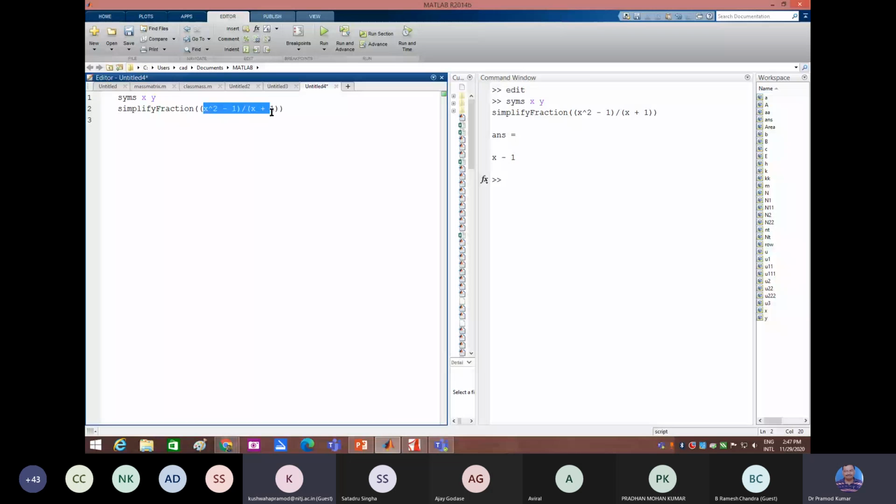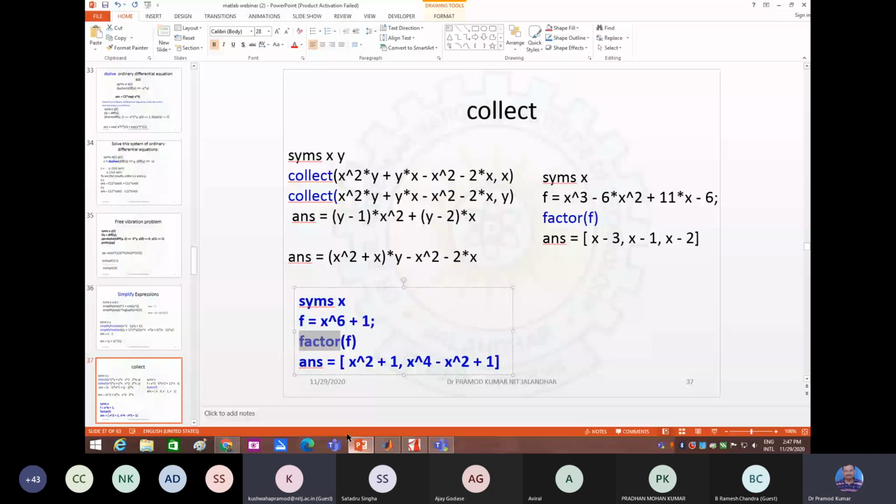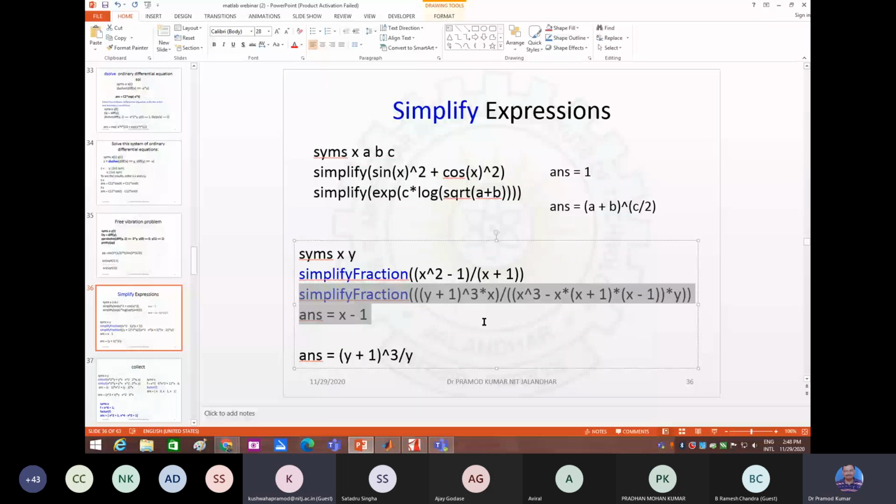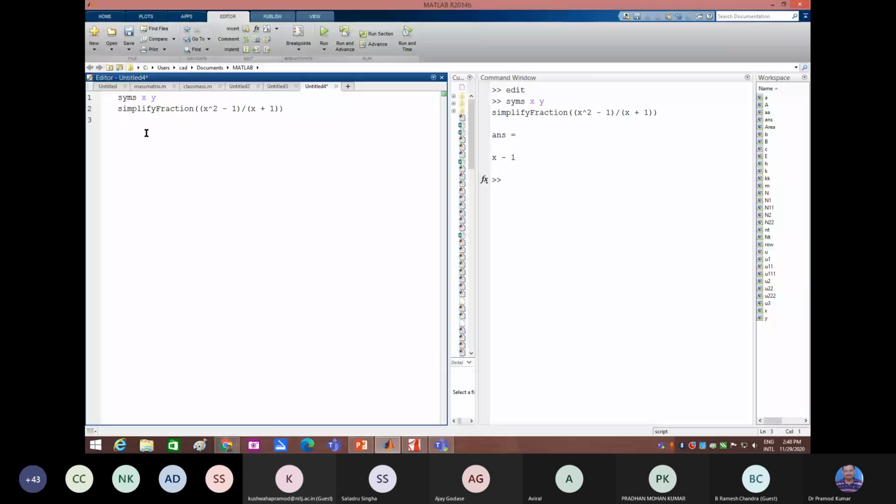But when you have a complex expression, then you will need this type of command to take a factor of this. Like this, you have this one, y plus 1 cube x cube minus x.